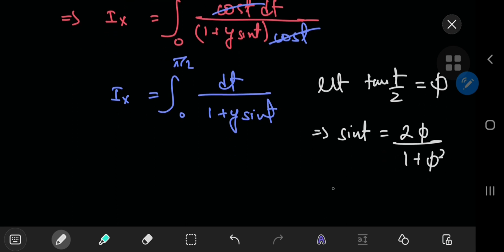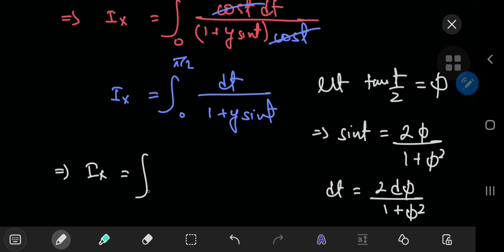And of course, the differential element dt becomes 2 times d phi by 1 plus phi squared. So this implies that I sub x equals the integral from 0 to 1, because as t approaches pi by 2, we have tangent pi by 4, so phi will approach 1.